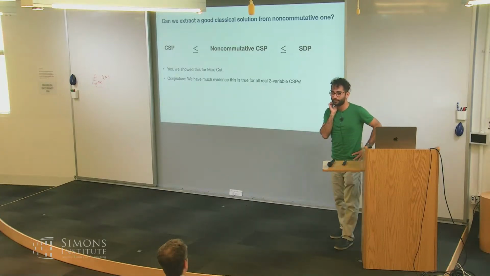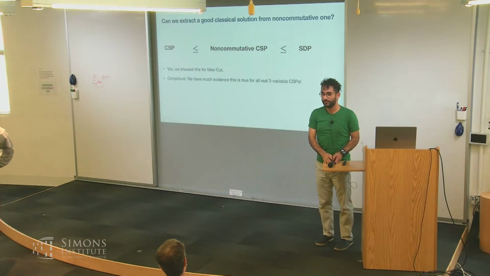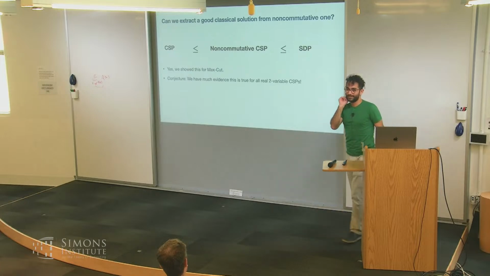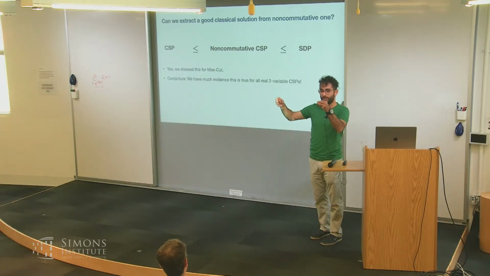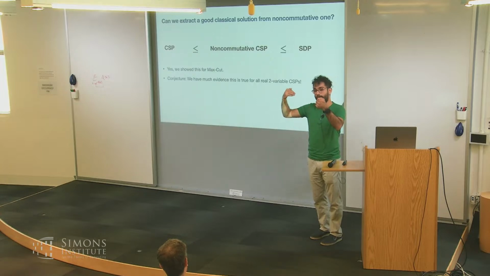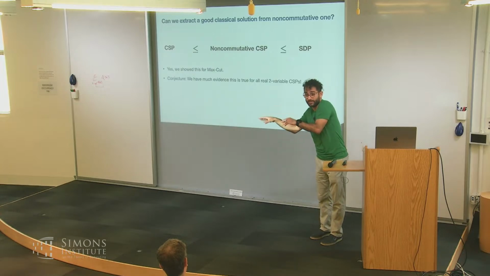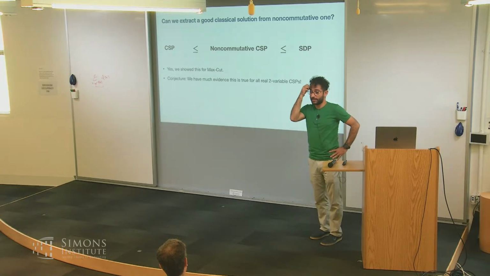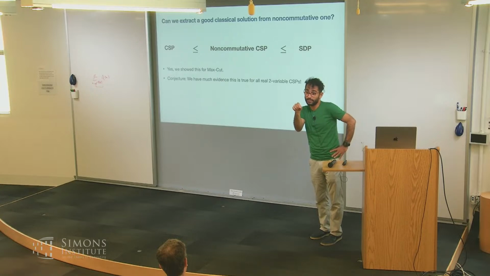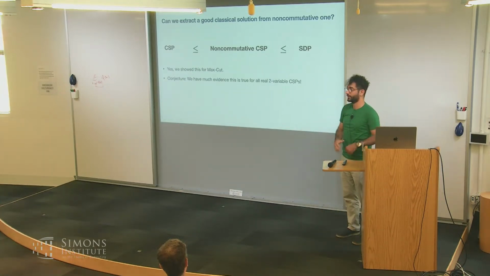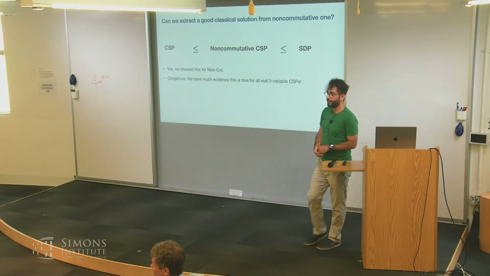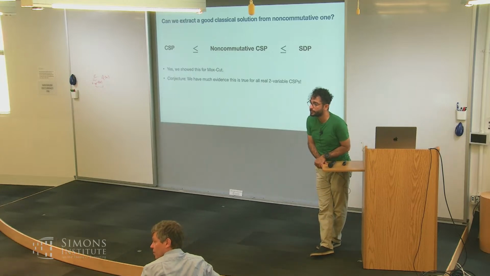You mentioned that you can solve non-commutative max-cut efficiently. Is there something very special about max-cut, or is there a large family of such things? We have a tool to prove integrality gaps for real two-variable CSPs, and in the case of max k-cut problems, we know how to obtain this integrality gap efficiently. So we can go beyond max-cut. But to answer Nikhil's question, for all two-variable CSPs, is the non-commutative CSP an SDP that we can solve efficiently?